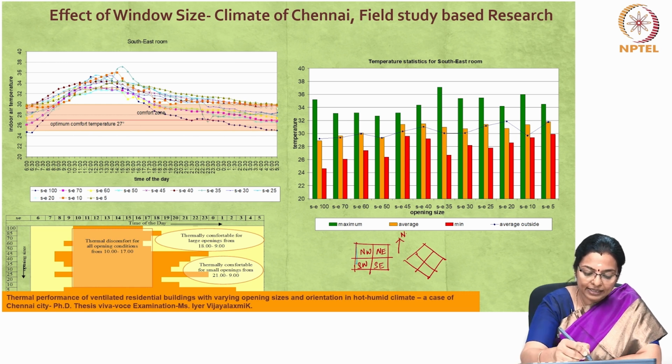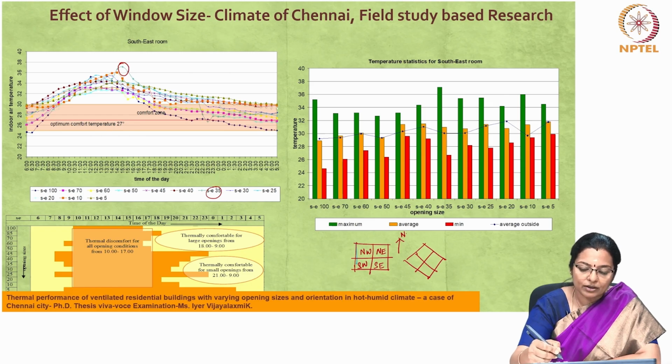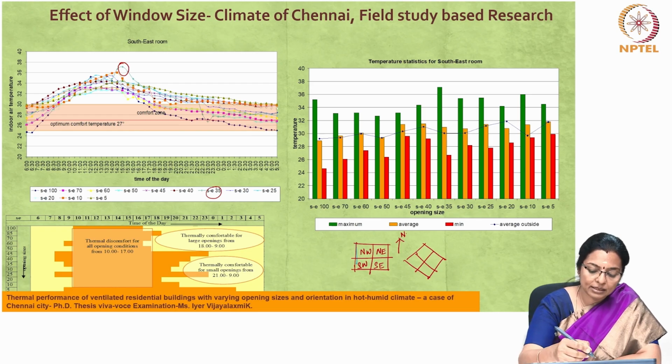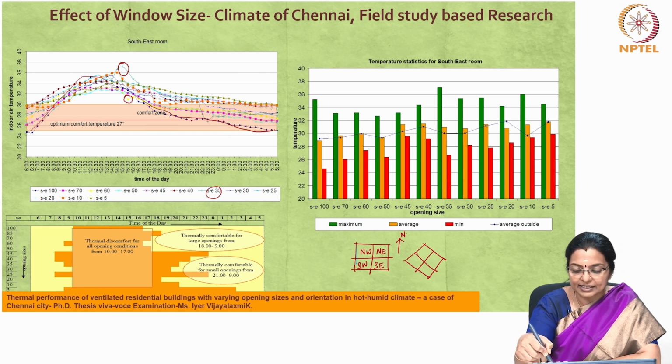So you can see that this one, which is say 35 degrees, seems to be peaking, and then you also have opening sizes which is about 60 degrees, which is low, and then the 100-degree gets lower and then slowly increases and so on.